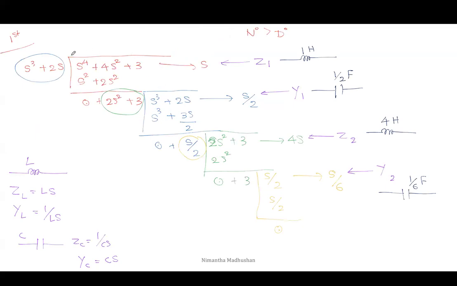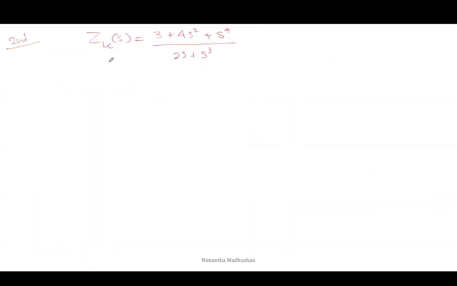From the first Cauer form, we use descending order. The powers of s we have to arrange in descending order. You can see s to the power 4, 2, and 0. In the second Cauer form, we have to arrange it in ascending order, s to the power 0, 2, 4. Then we can apply the continued fraction expansion. 3 plus 4s squared plus s to the power 4, 2s plus s to the power 3.